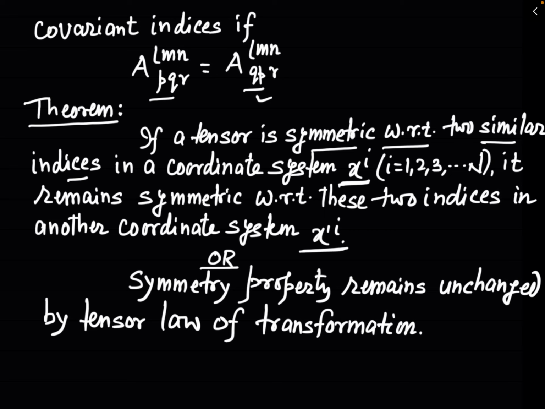It means that due to a change in coordinate system, the symmetry property of a tensor is not affected. So we will explain this very important theorem by a proper example. You can consider a second order tensor that may be a contravariant tensor or a covariant tensor. For proof, you can consider anything. So let us consider.